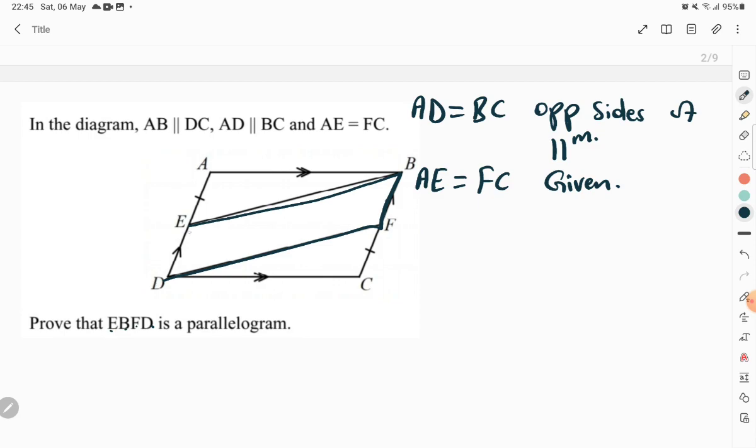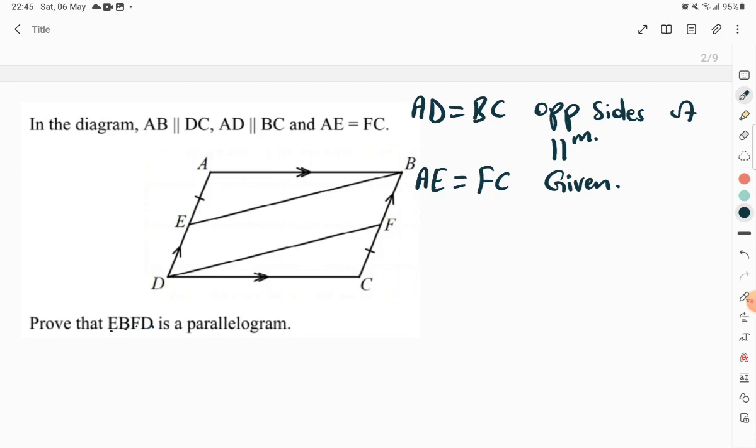EBFD is a parallelogram. Since this line FED is already parallel to FB, we just need to find this last information, that they are also equal. Should that happen, that is going to be a parallelogram.